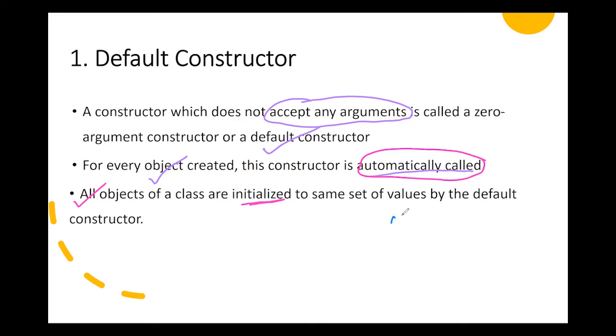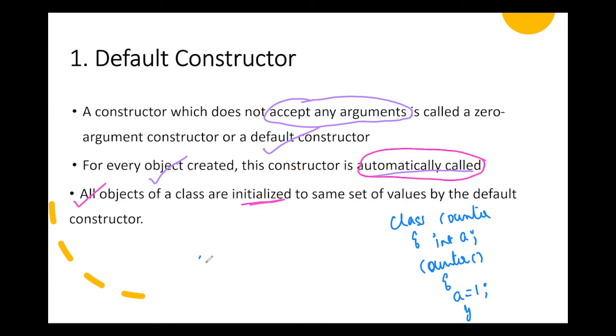For example, if I have a class Counter, and I am initializing the value using this Counter constructor, saying a is equal to 1, for example, and this is my data member int a.